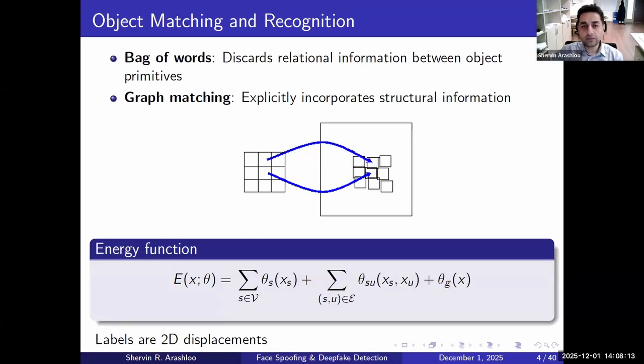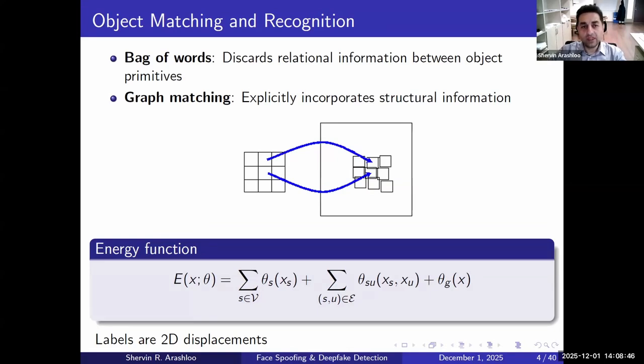So in this sense, we can categorize the general object recognition methods as either bag of words, which divide a bigger image into smaller subcomponents, and then try to find the matching between a pair of images for each of those subcomponents without explicitly taking into account the general shape of the object, the general structural constraints between those smaller components.